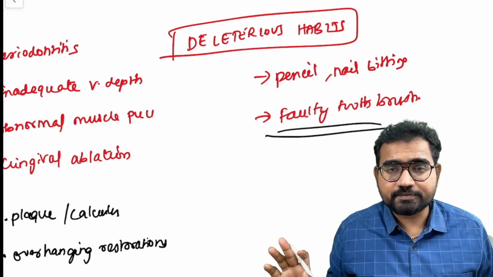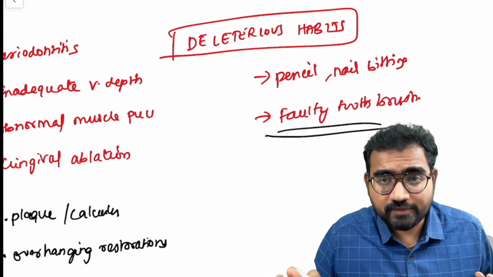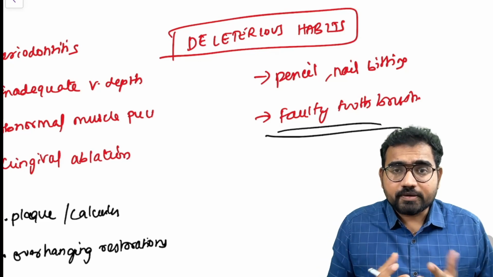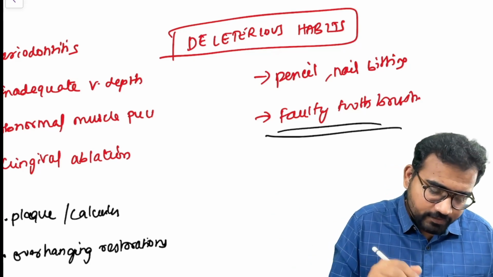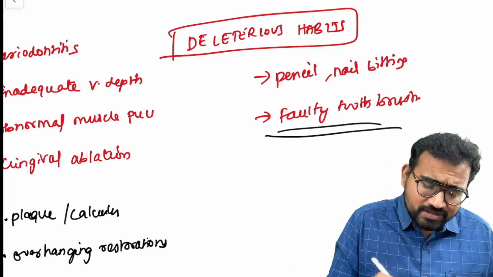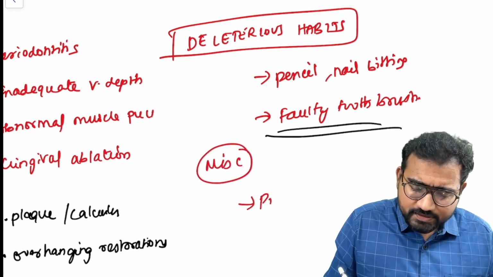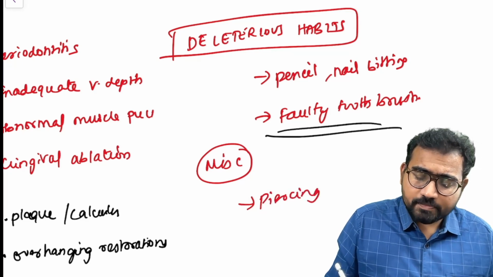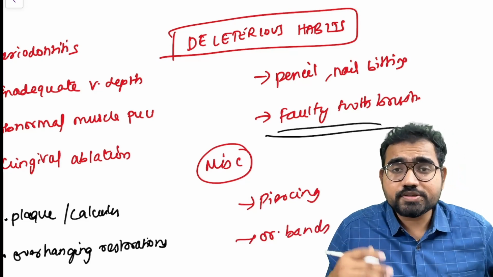There will be creeping attachment. What is creeping attachment? The post-operative coronal migration of gingiva after treatment. That is why I call it post-operative. And also some miscellaneous causes like extraoral or intraoral piercings, or orthodontic bands, which might also cause recession.